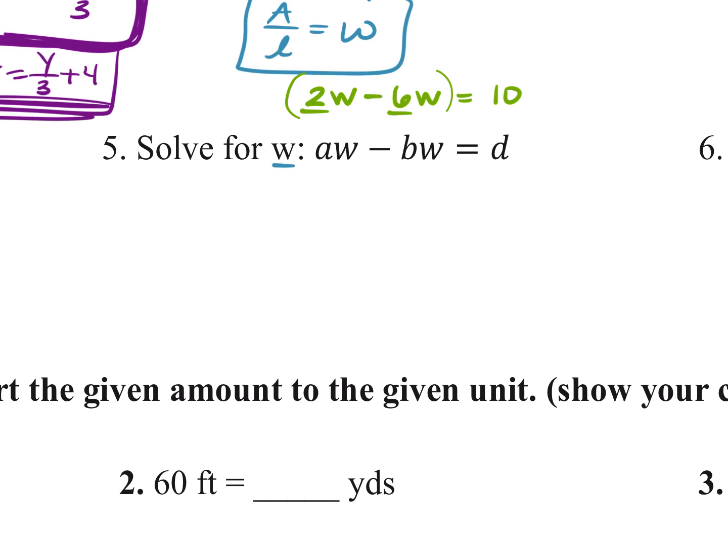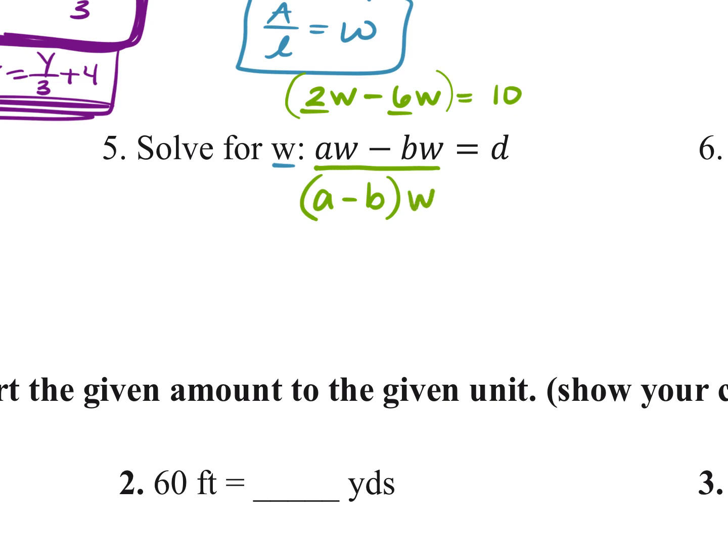Okay, now translate that to variables. If this is your setup, what's the first thing you should do? A minus B, right? It's the reverse of the distributive property.